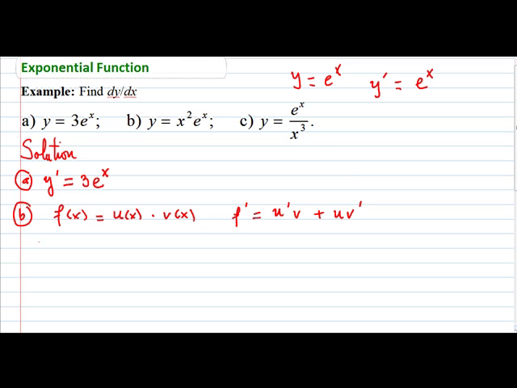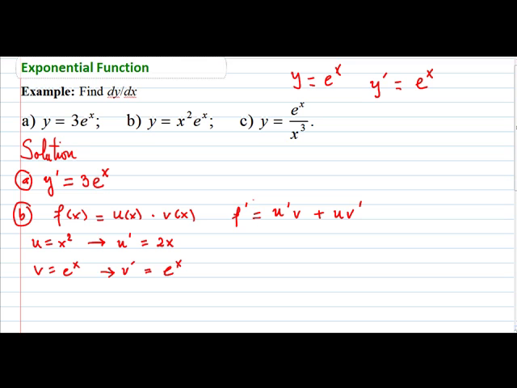Okay, so I let u equal x squared, therefore u prime is 2x. Let v equal e to the x, therefore v prime is e to the x.